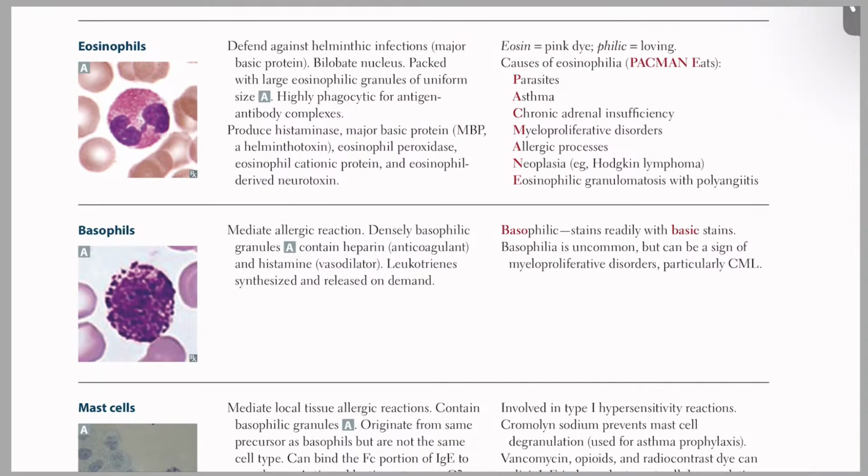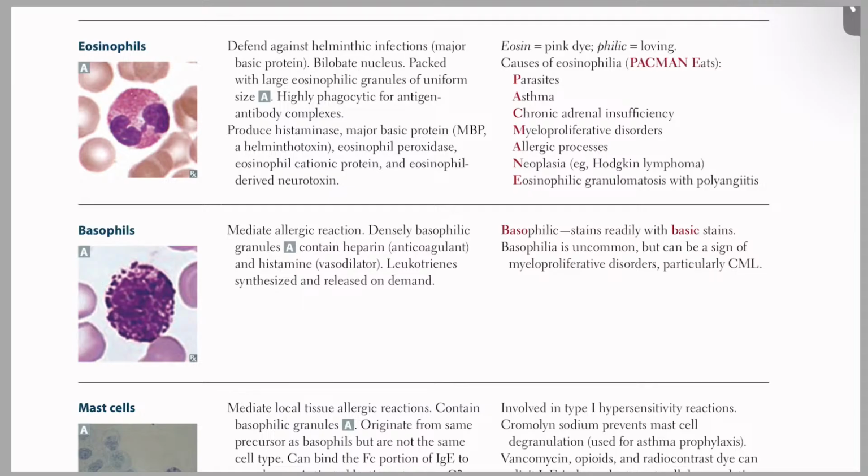Eosinophils defend against helminthic infections. Bilobed nucleus packed with large eosinophilic granules of uniform size, shown in image A, highly phagocytic for antigen antibody complexes.